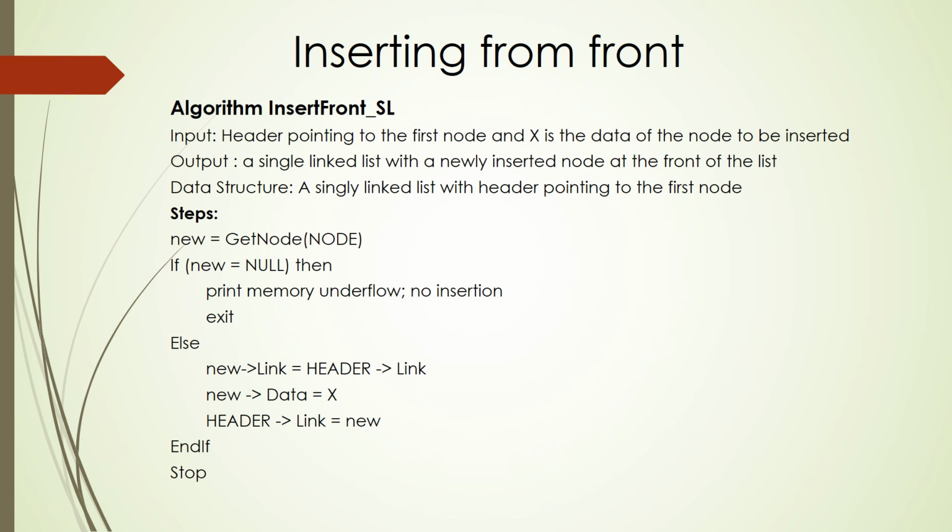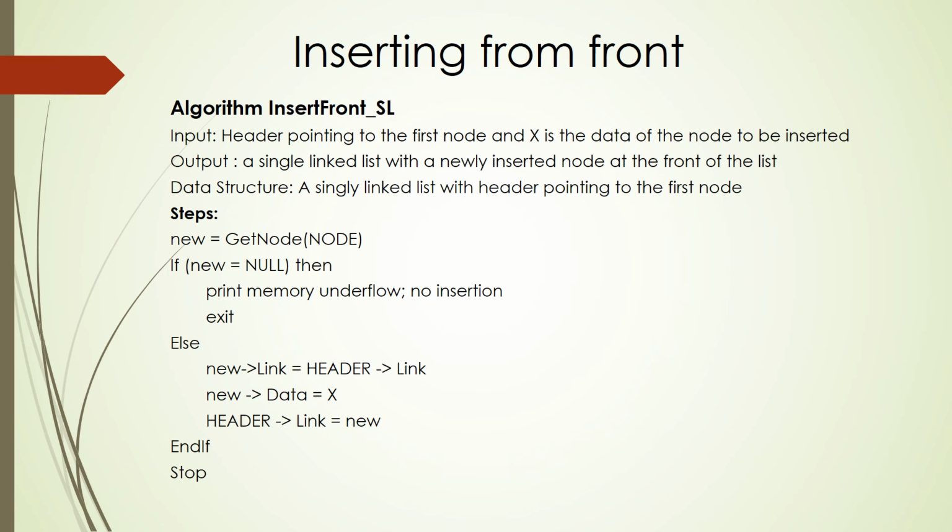If you have searched the entire memory pool and couldn't find any location which could afford the memory required for the node, then obviously the getnode procedure will result in an error and the value stored in new will be null. So the pointer variable new will have either a valid address, which is the starting address of the assigned memory location, or an error, which means it will have a null value.